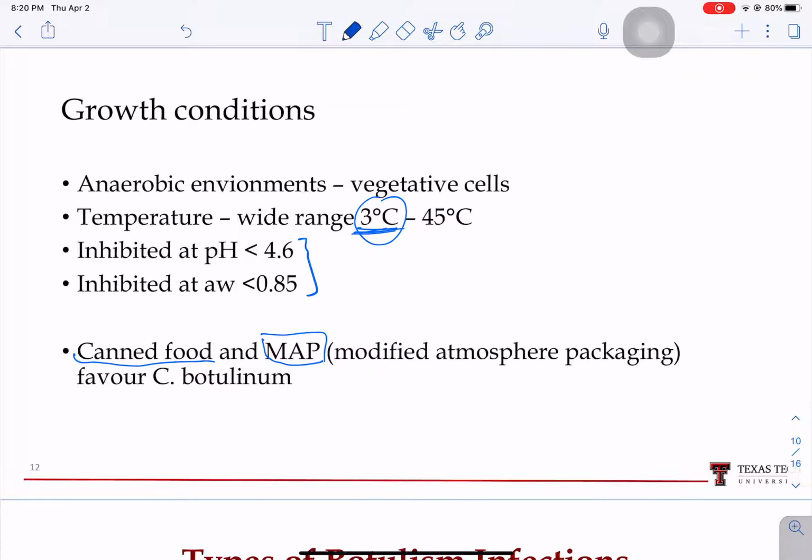Modified atmosphere packaging refers to food products packaged with the addition of specific gases, for example CO2, and those will inhibit some types of microorganisms but may not work well for Clostridium botulinum.